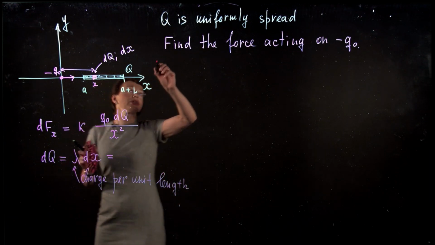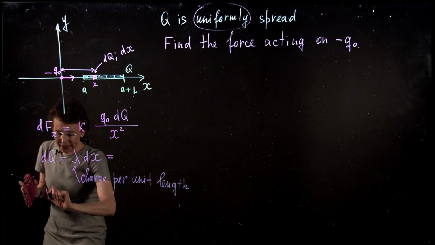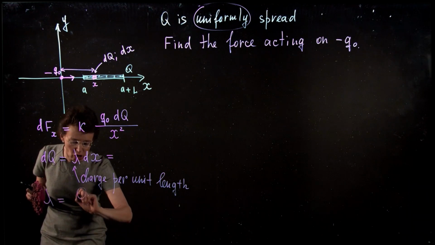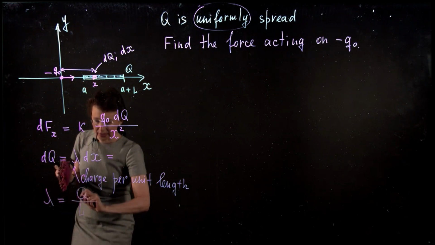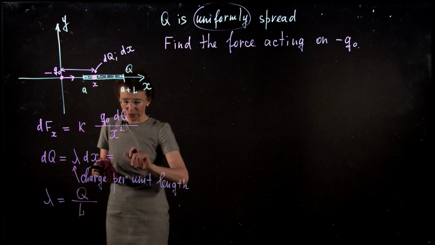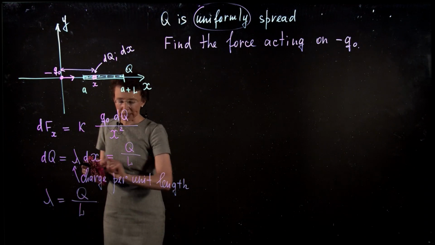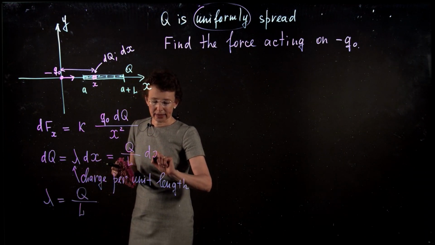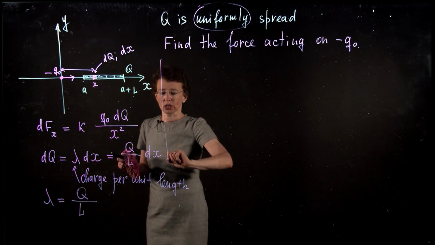Since q is uniformly spread, we write lambda as charge divided by length. Length is L. So I have q over L for lambda, dx is the length of this infinitesimally small chunk of charge.